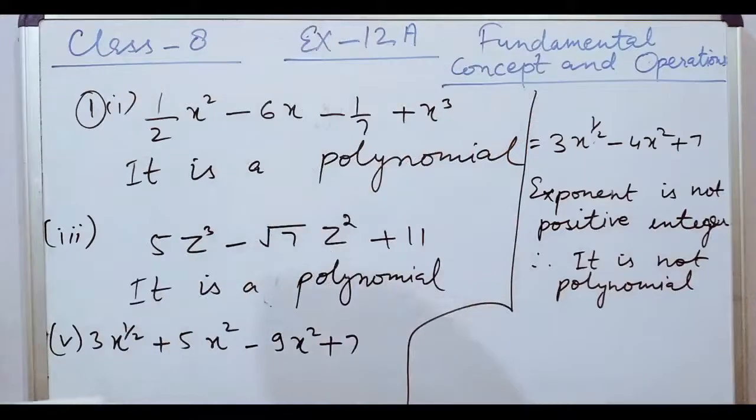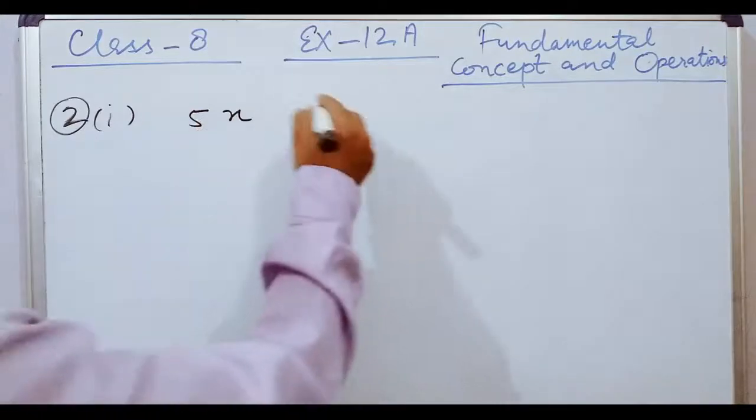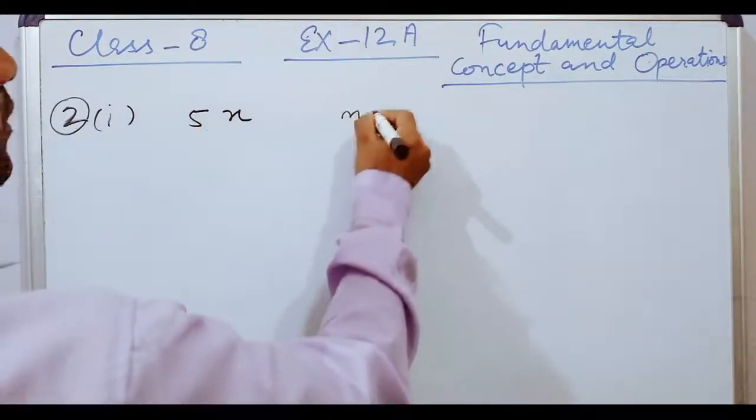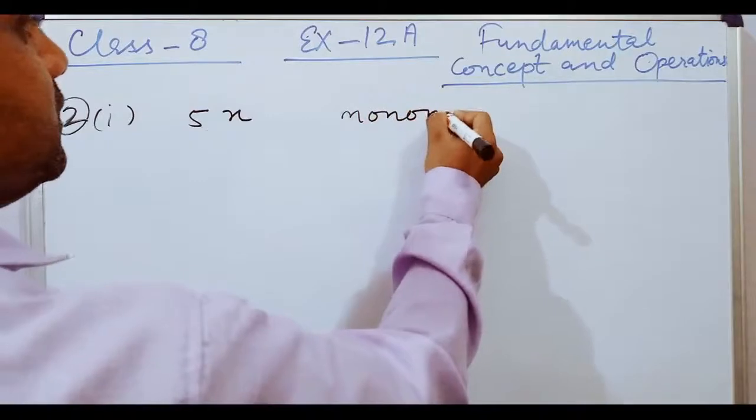Okay. Now question number 2, write monomial, binomial, trinomial or polynomial to classify each polynomial and also state their degree. It is 5x. It is monomial. Why?